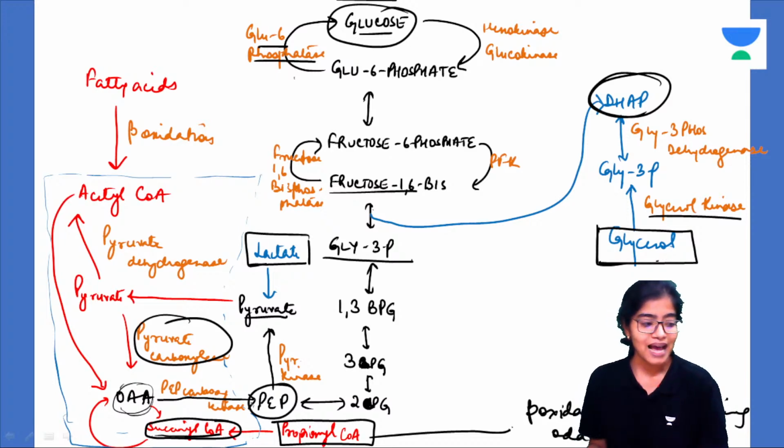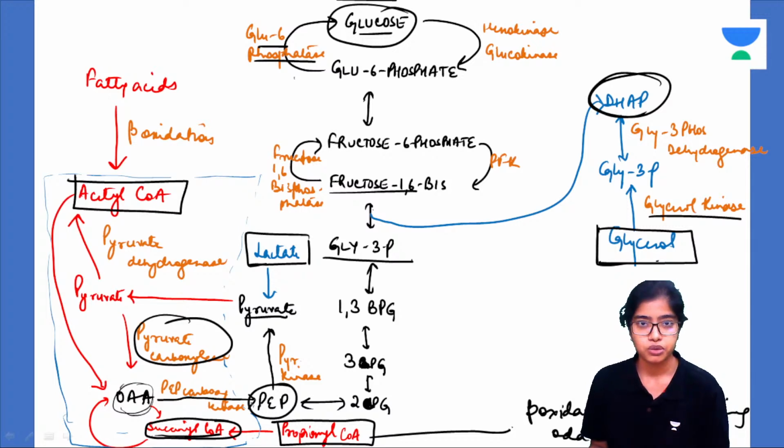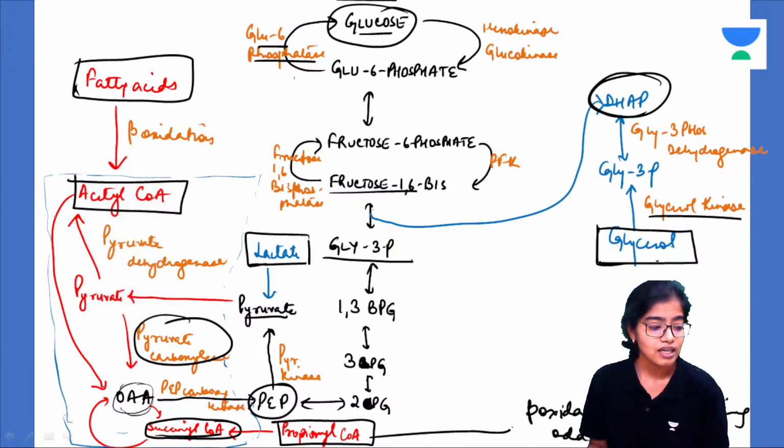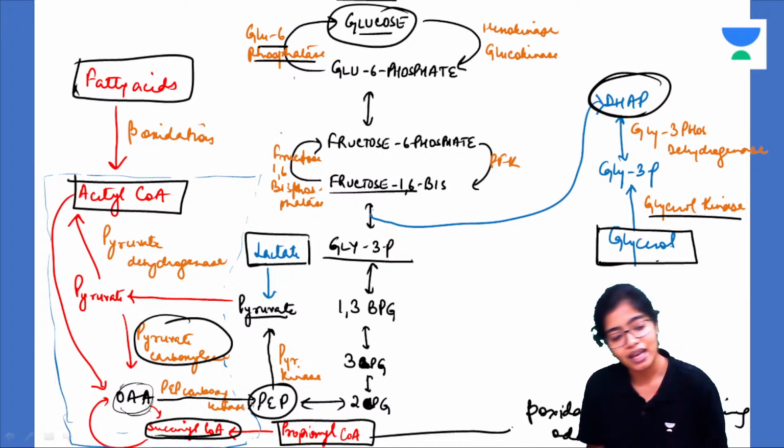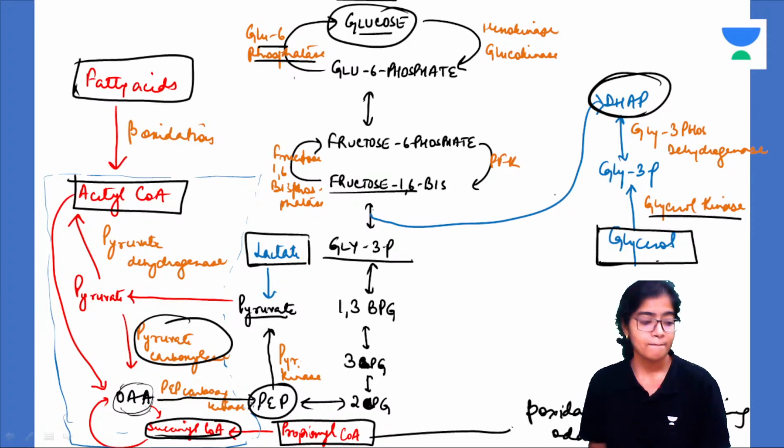Now, how does acetyl-CoA convert into glucose? How do fatty acids convert into glucose? Fatty acids will undergo beta oxidation to produce acetyl-CoA. This acetyl-CoA will enter the Krebs cycle. It will produce oxaloacetate. Oxaloacetate will produce phosphoenol pyruvate, and again it will produce glucose.